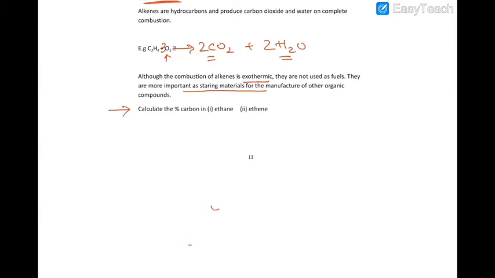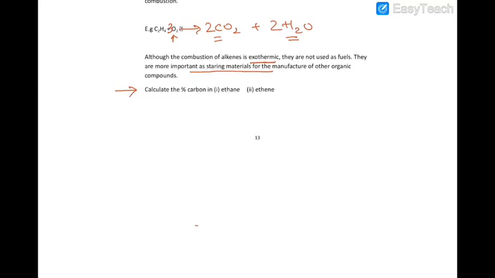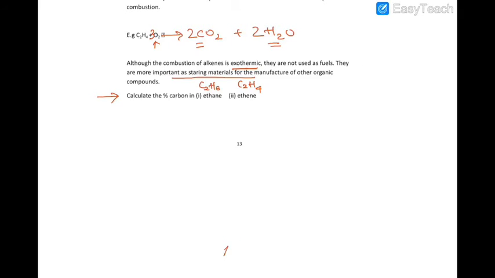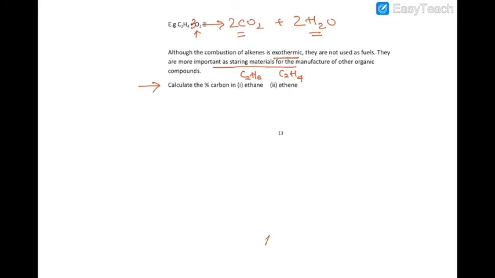So you have a question here. Calculate the percentage of carbon in ethane and ethene. So for this, you will need to find the MR of ethane first. So MR of ethane, you find this.